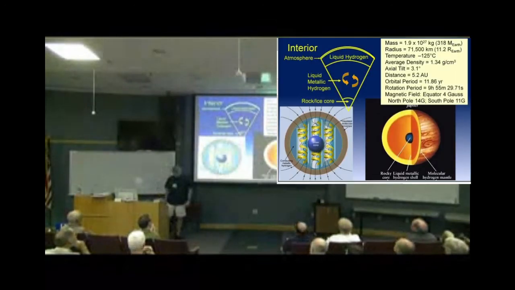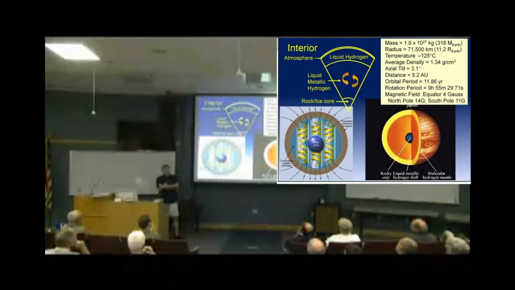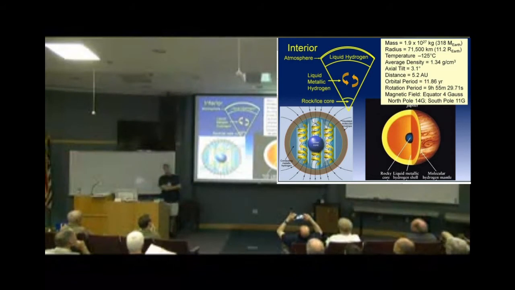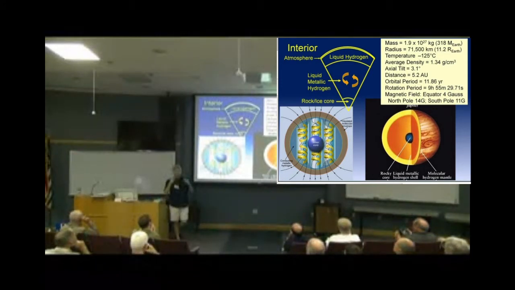The internal structure, so it's got a pretty thin atmosphere, but very quickly below the atmosphere the pressures get high enough that the mostly hydrogen and helium becomes liquid. And then as you get deeper and deeper into the atmosphere, the extreme pressures cause hydrogen to be rendered into a metallic state.